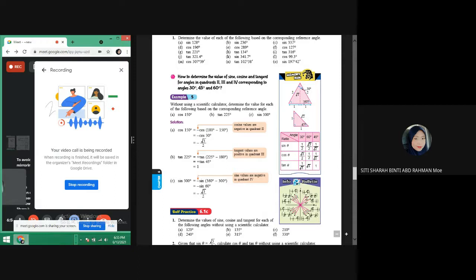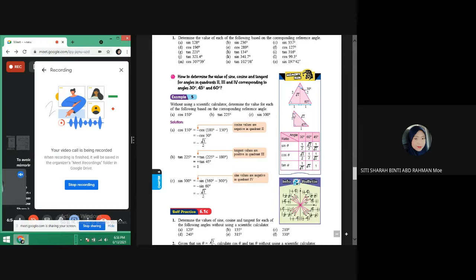If you want to find sine 30, the opposite is 1 over the hypotenuse 2, so 1 over 2. Then sine 60, the opposite is square root 3 over the hypotenuse 2, so square root 3 over 2.